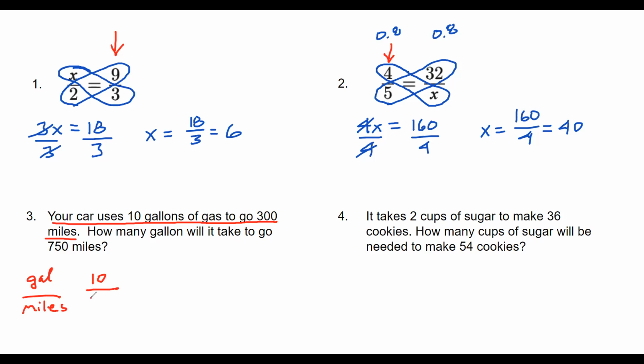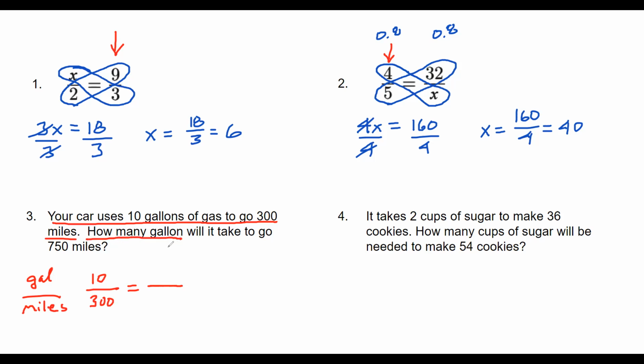We're going to get the right answer either way. So don't spend too much time thinking about that. But here is the ratio that they gave us. 10 gallons to 300 miles. Now, we set that equal to the other side. We're creating our proportion here. And we know that on the other side, we're going to have a number that we don't know, and we're going to let that be X. We either don't know the gallons or we don't know the miles. So we look at the rest of the problem.